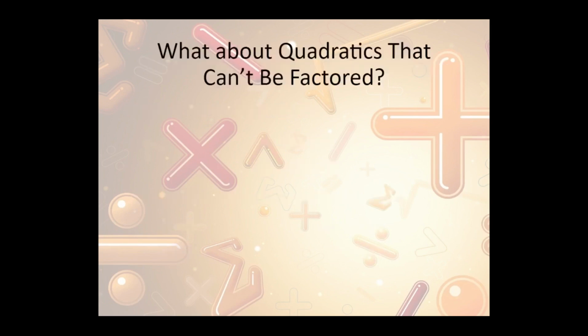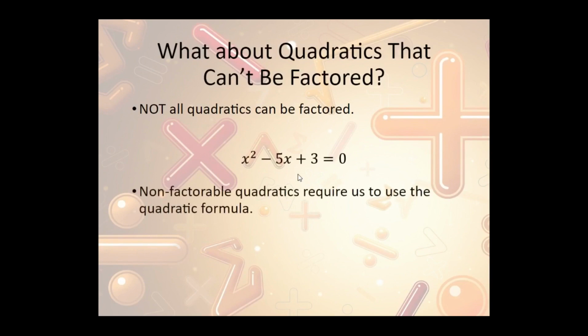Now what about quadratics that can't be factored? Not everything comes out evenly, so not all quadratics can be factored. For instance, this one, x squared minus 5x plus 3 equals 0, is a non-factorable quadratic. So when we get these, we have to use what's called the quadratic formula.